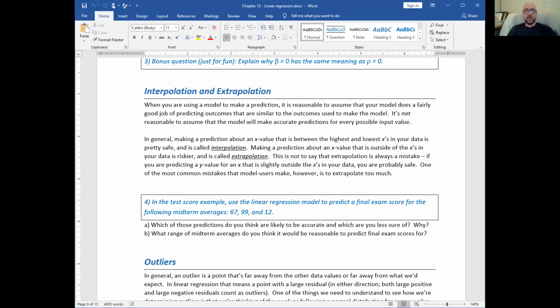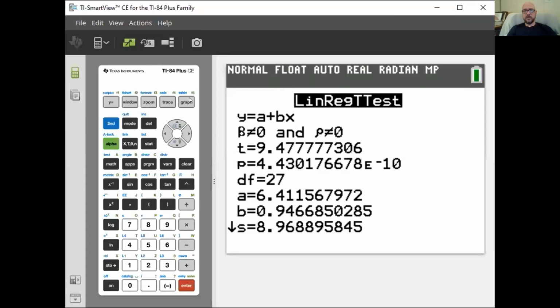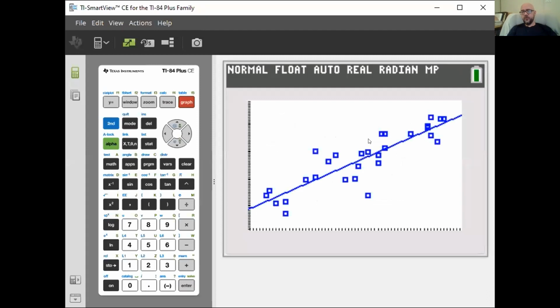So let's go back to the graph. Let's go right here. So within the bounds of our data, right? Our data goes from something in the 40s up to like 96 or something like that.